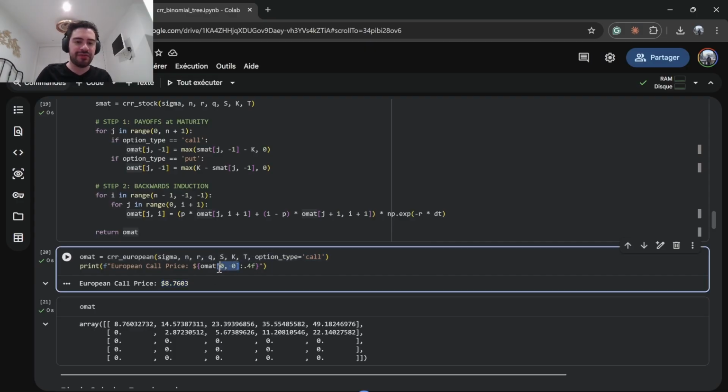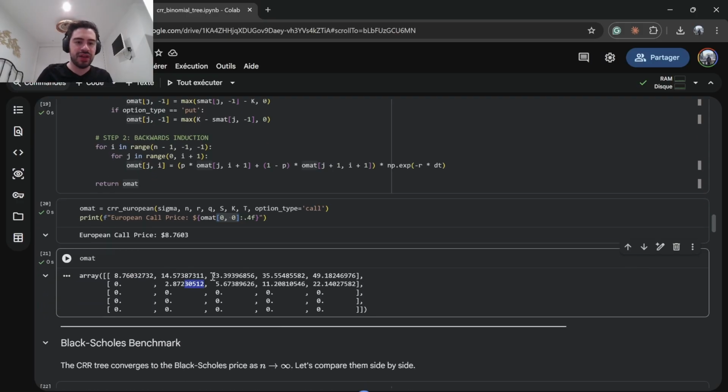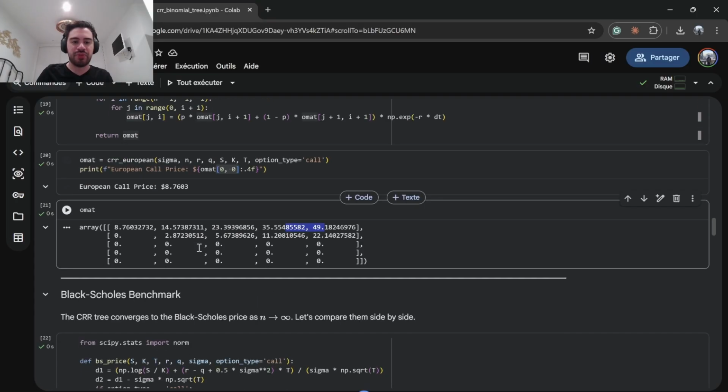I take the first row and first column of the matrix, which is the European call price, like this one here, 8.76. And here you can see all the different values. I'm bringing all this to present value according to the risk-neutral probability. And this is the final matrix of the European option price.